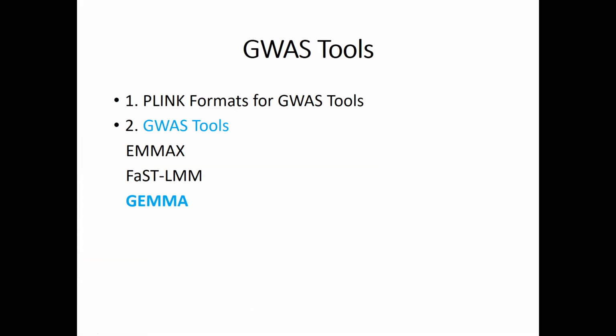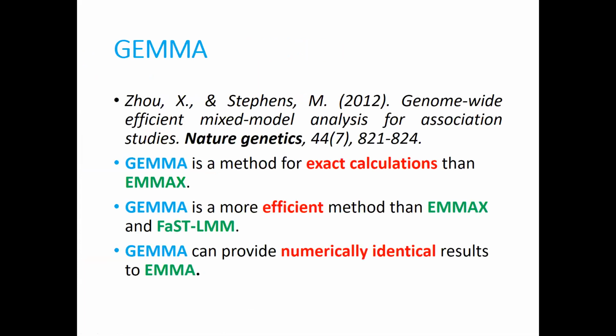Lastly, I will introduce GEMMA. GEMMA was proposed by Zhou in Nature Genetics in 2012. GEMMA is a method for exact calculations compared with MCMC. And GEMMA is a more efficient method than EMMA and FastLMM.